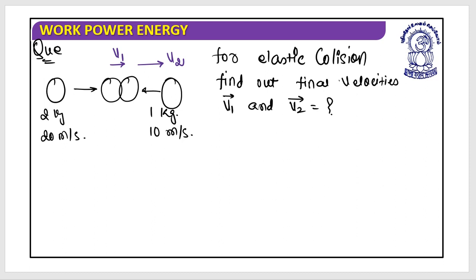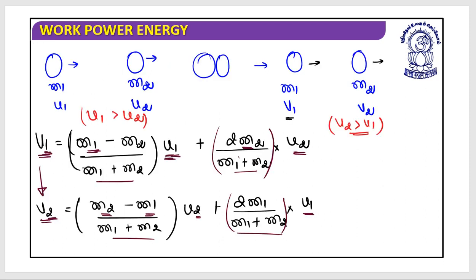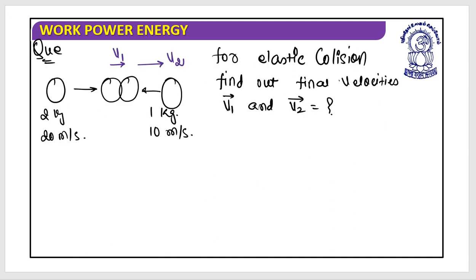Now, when we derived these relations for v1 and v2, the situation was that u1, the first object, is moving in the positive x direction, and the other object is also moving in the positive x direction, and then we derived everything. Now, in the question I have right now, both objects are not moving in the same direction but in opposite directions, moving towards each other.